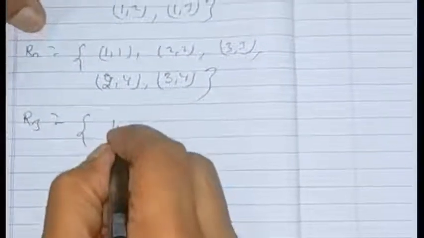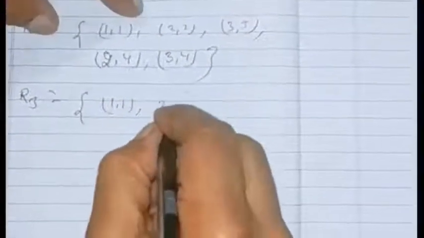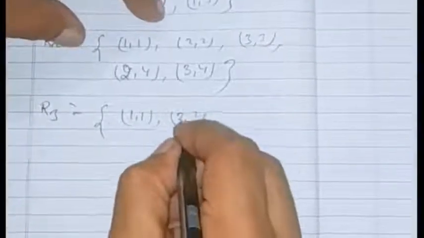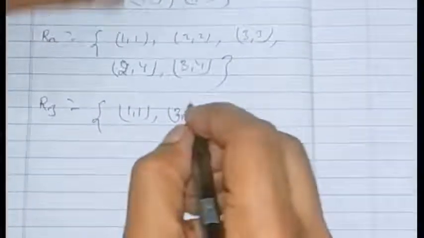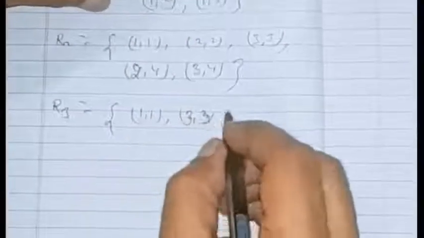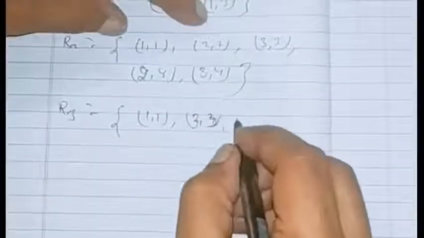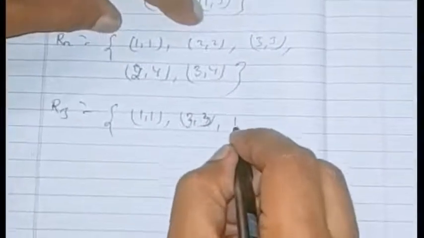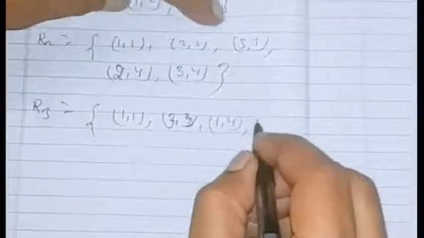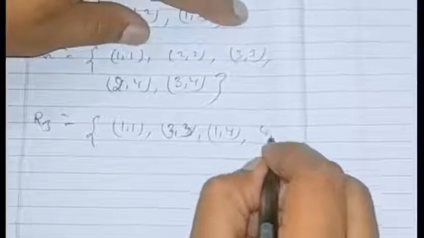Another relation R3: (1,1), (2,2), (3,3), (1,4), (4,4), and so on.